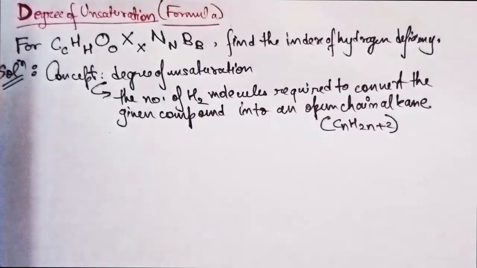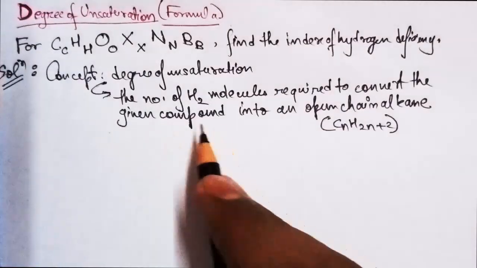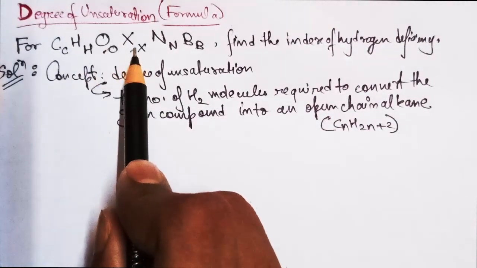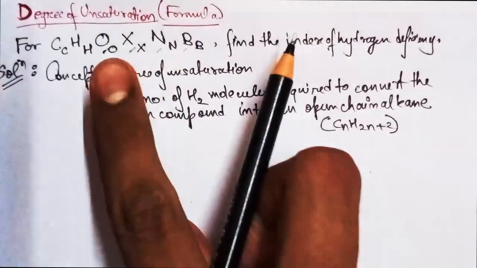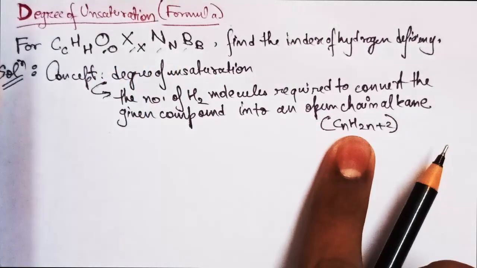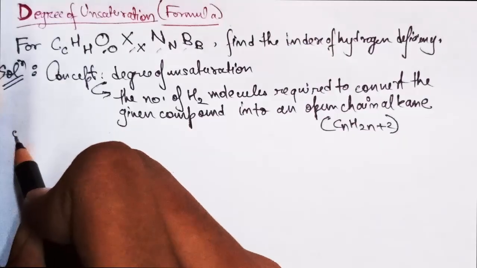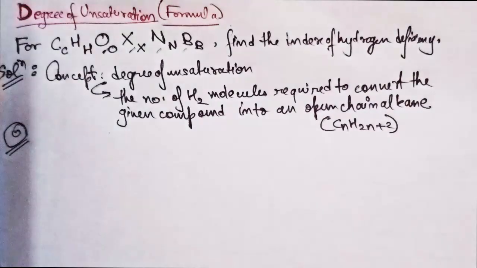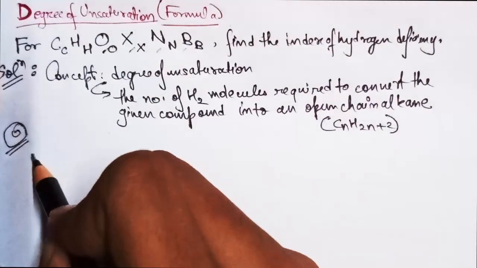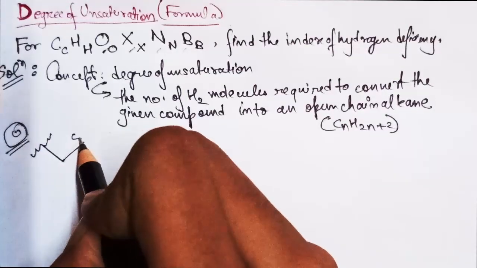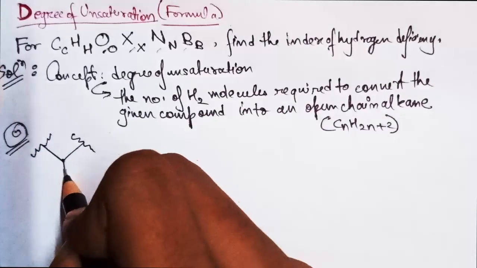Using this concept in this problem, we can understand how we deal with oxygen, halogen, nitrogen and boron for converting to this formula. Let us start with analyzing oxygen. Just consider the addition of an oxygen to a molecule.